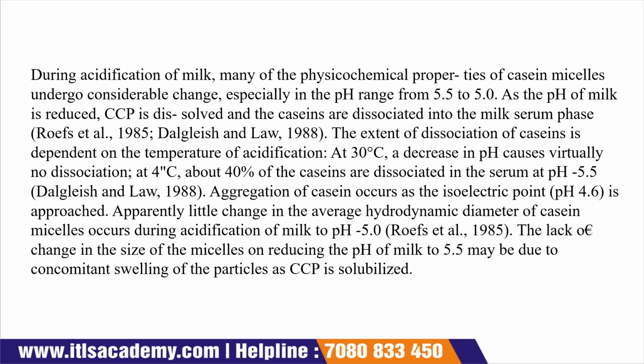During the acidification of milk, many of the physicochemical properties of the casein micelles undergo considerable changes, especially in the pH range from 5.5 to 5.0. As the pH of the milk is reduced, CCP is dissolved, and the caseins are dissociated into the milk serum phase.